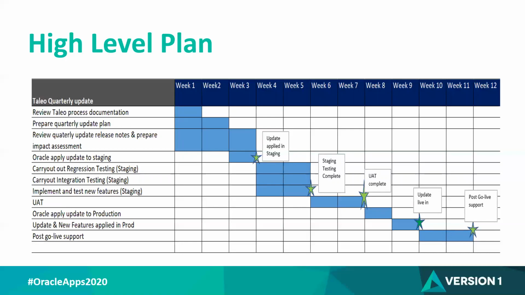Carry out your regression testing in your staging zone, any integration testing, and implement and test the new features. Then the UAT should be done by the business. Upgrade your new release in production, update and apply the new features in production, and provide post go-live support if any issues come up in production.